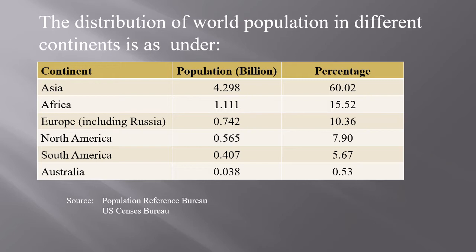Next continent is South America with 0.407 billion population. It occupies 5.67% of the total world's population. And in the end, total population of Australia is 0.036 billion with 0.53% of the world's total population.